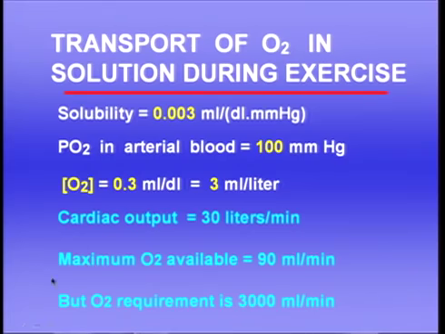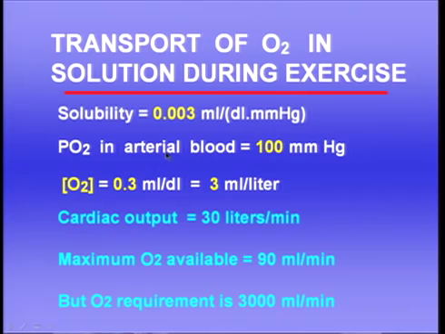Now you may say, well, why can't we use oxygen in physical solution in the body to provide the required amount of oxygen to the periphery? And a simple calculation will tell us that that's impossible. Let's look at it this way. The solubility of oxygen, we said, was 0.003 mls per deciliter per millimeter of mercury.